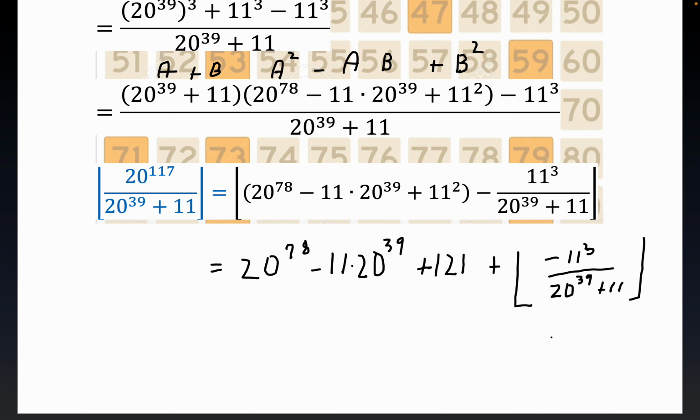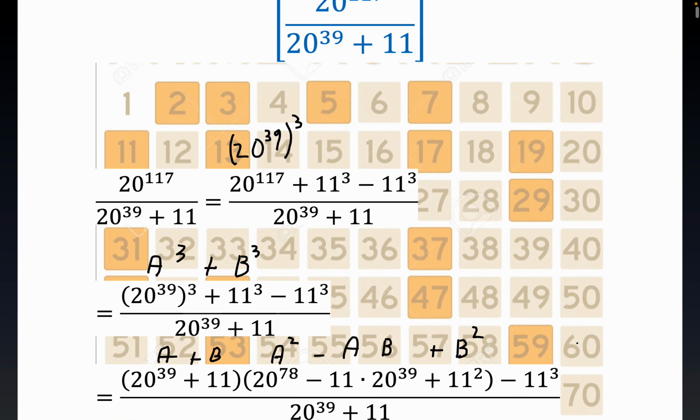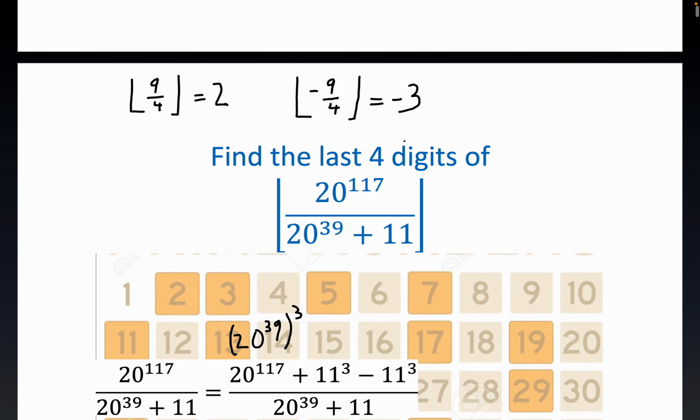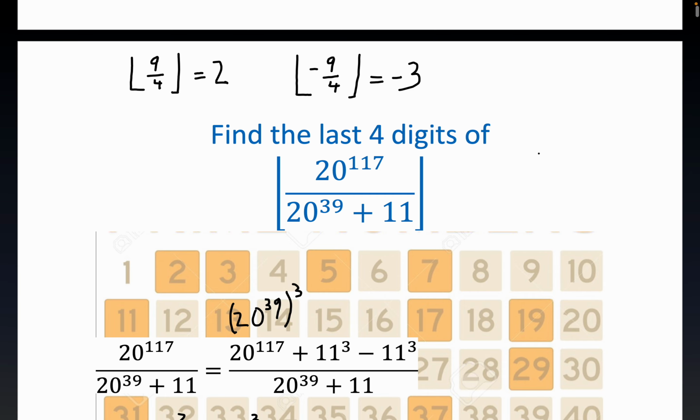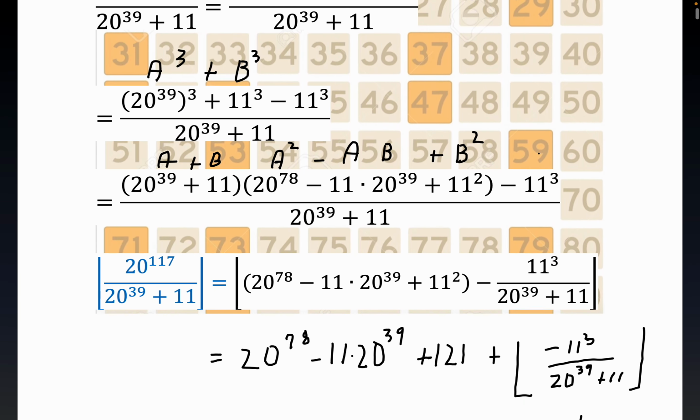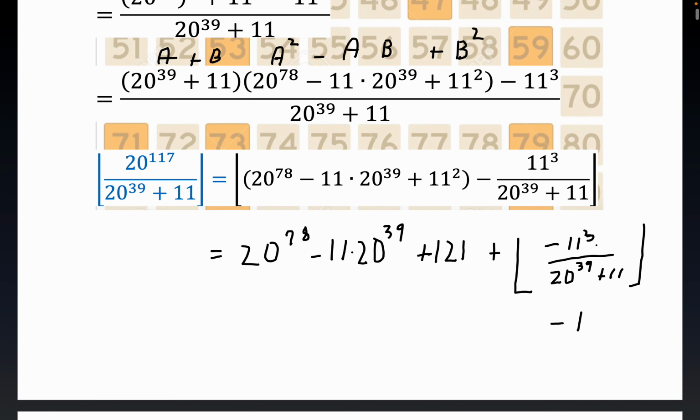In much the same way that the floor of -9/4 is -3, you drop down to the next smallest integer. That's what we did right here. This is a small negative number in absolute value, so to speak, but the floor of this object is -1. There are all kinds of trailing zeros here, 39 trailing zeros right here.